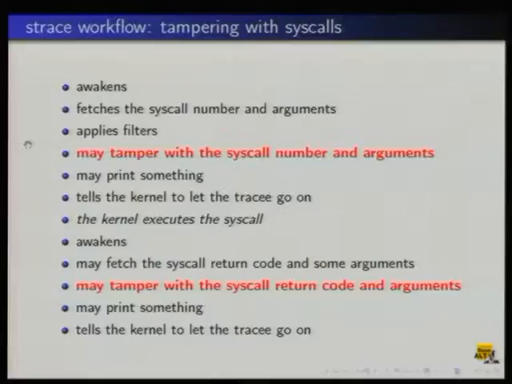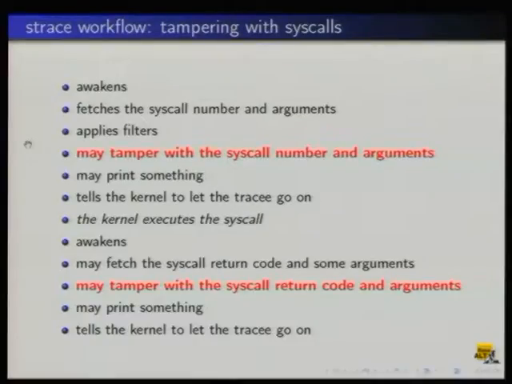The default one on most architectures is ENOSYS, function not implemented, but on some it could be a different code, so you shouldn't rely on something specific here. And then on exiting the syscall, strace just replaces this error code with the code that was specified, if something was specified. So it's quite simple, but quite powerful at the same time.